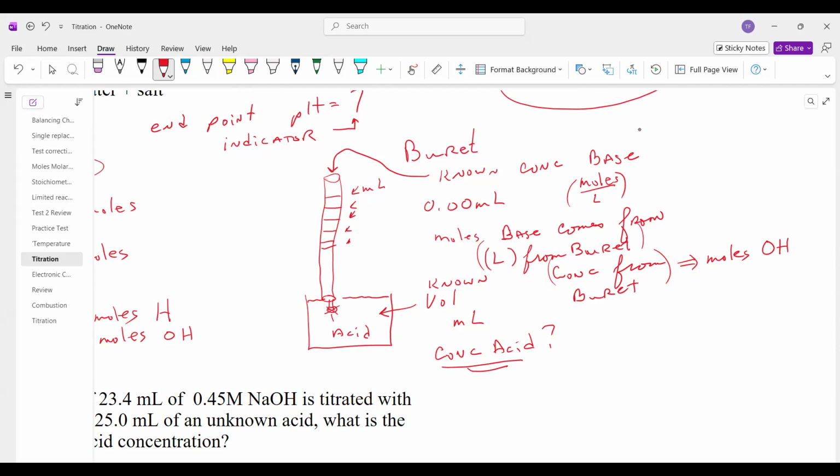Now your lab is in 2 parts. First part is to calculate the concentration of your base. So you're going to start off with around 0.1 moles per liter of your base, and then you're going to get it exactly to 3 decimal places.